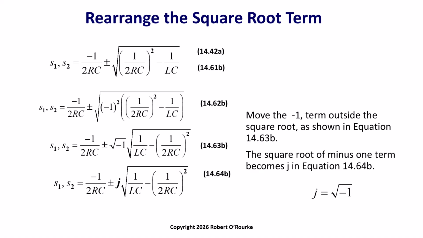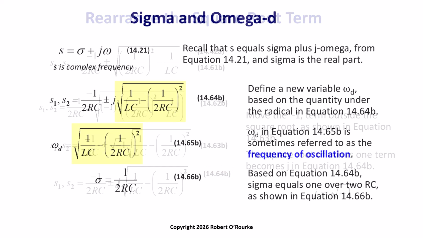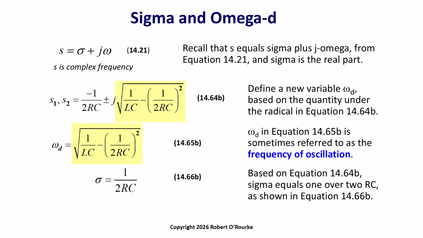Finally, from equation 14.63b, we replace the square root of minus 1 with the complex operator j in equation 14.64b. We know that our roots are complex. For convenience, let's introduce a frequency term called omega d, shown in equation 14.65b, which is the imaginary quantity from our roots equation 14.64b.